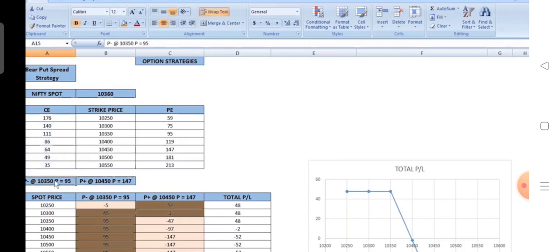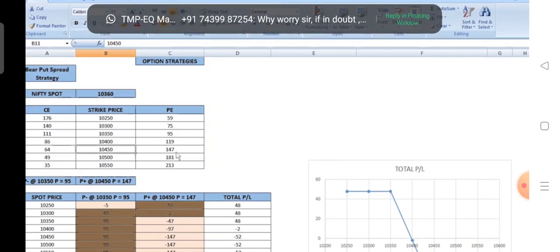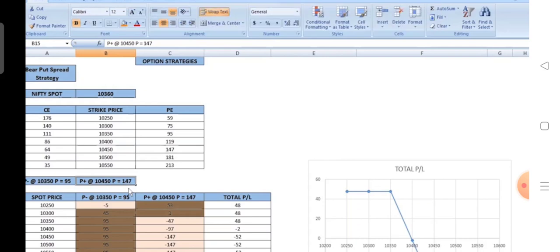In this example, we sell a put option of 10,350 strike price, receiving a premium of 95 rupees. So P minus at 10,350, premium is 95. Simultaneously we buy a put option at 10,450 strike price, paying a premium of 147 rupees. So P plus at 10,450, paying a premium of 147 rupees.